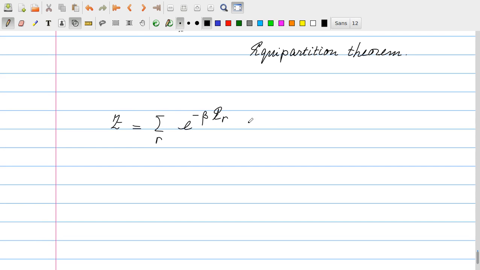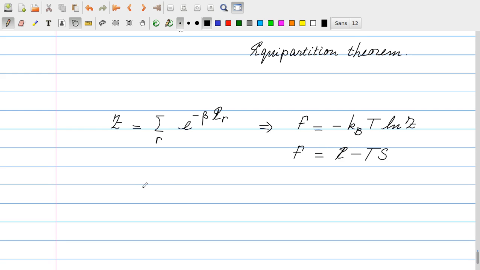If we have the partition function, we can calculate the Helmholtz free energy as minus kBT ln Z. That energy is related to energy and temperature, and the entropy as F equals E minus TS.